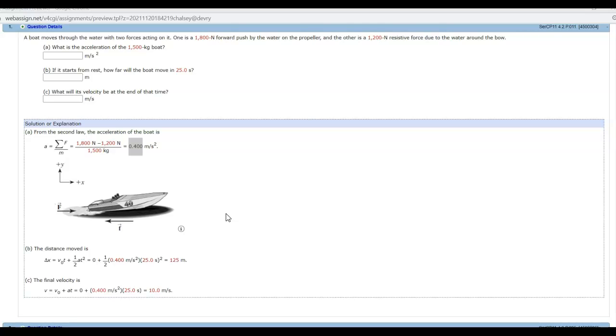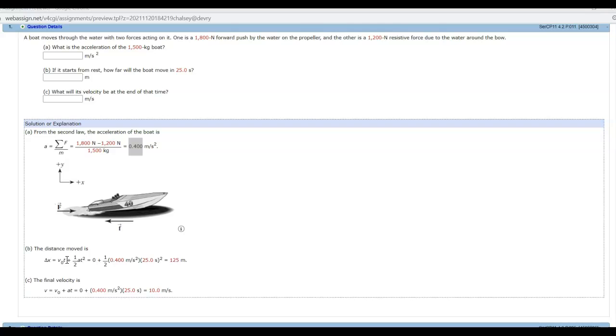Okay, next we want to look at if it starts at rest, how far will the boat move in a certain amount of time, in this case 25 seconds. All right, so the distance moved, we look at down here, the change in the x direction, is the initial velocity times the time.